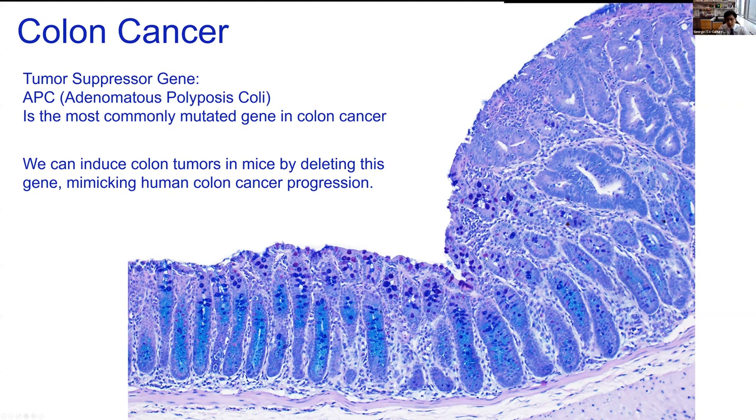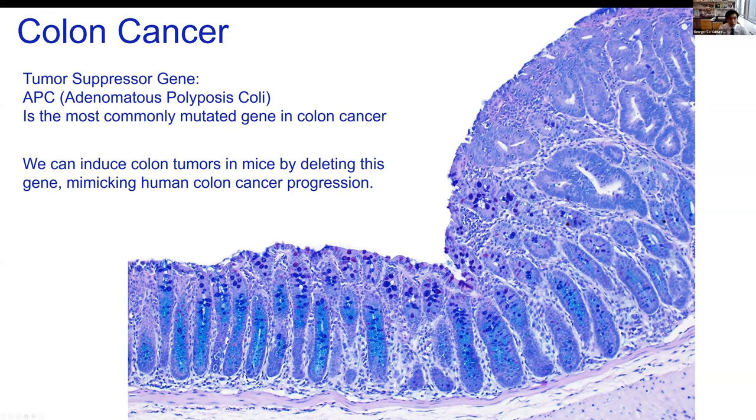However, on the right, you can see that evolving into a tumor. So a tumor has arisen inside the normal tissue and is giving rise to this mass, which is composed of colon cancer cells. And we know for colon cancer, the most common cause is actually loss of function of a protein called adenomatous polyposis coli, or APC for short.